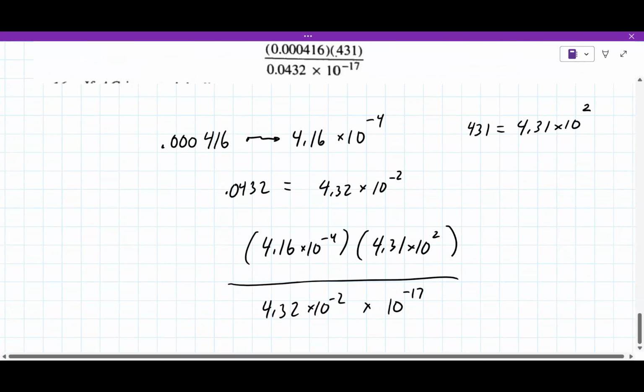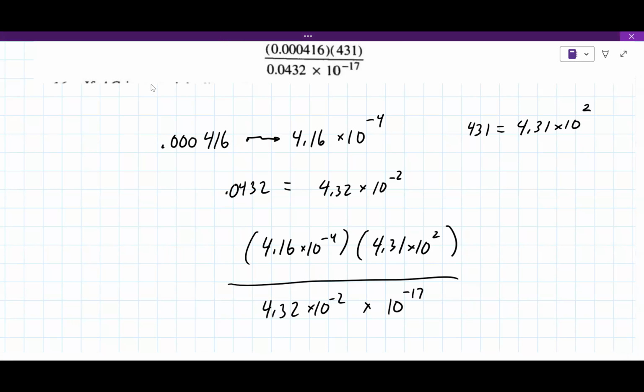I think you're supposed to recognize that there's a way to make these two really pretty much the same. 4.31, 4.32. I don't know if you're supposed to estimate, but they're really close. Otherwise you can go right to a calculator to begin with, but we'll set that to the side.